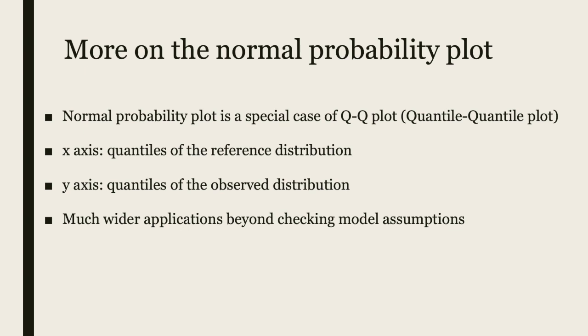The reference distribution is not limited to normal distribution, and when the reference distribution is actually normal distribution, your quantile-quantile plot is exactly the normal probability plot. QQ plot is actually a very, very powerful graphical approach, and it has much wider application beyond testing the assumption of two-sample t-test.